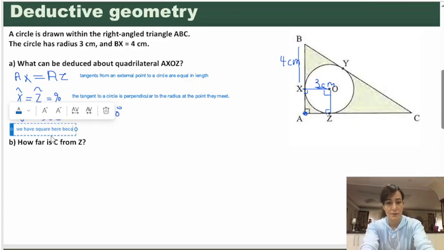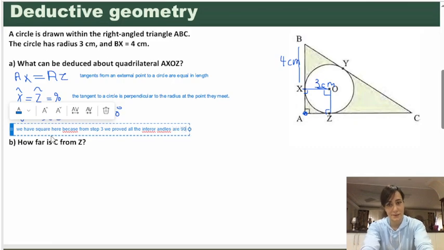So we say we have a square here because from step 3 we proved all the interior angles are 90.